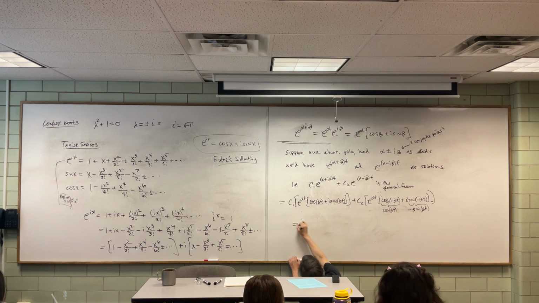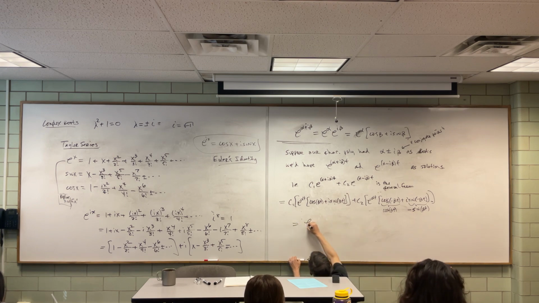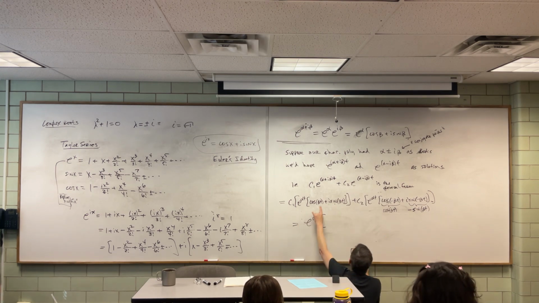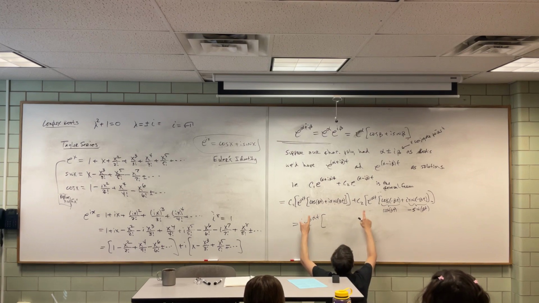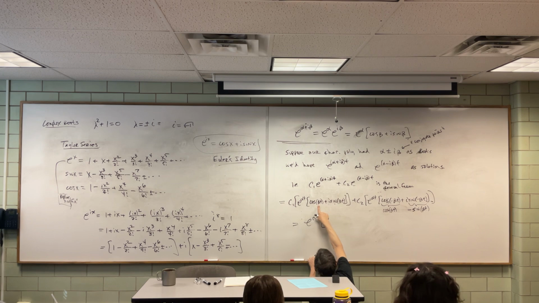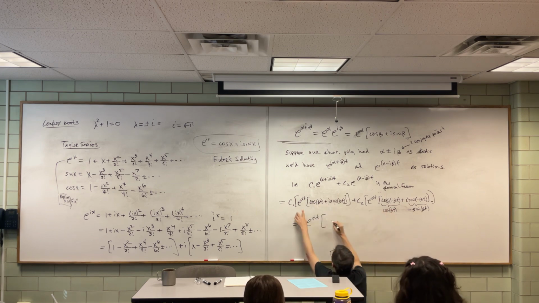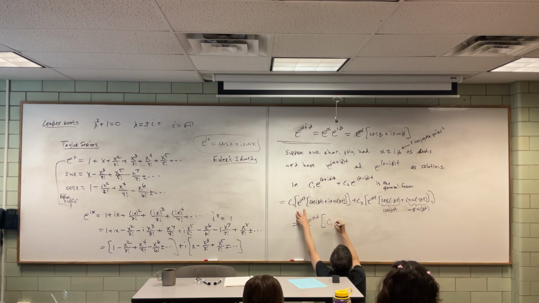First off, notice that every single thing here has an e to the alpha t on it. So that's cool. And then I've got this cosine of beta t here and this cosine of beta t here, and that's going to be c1 plus c2 times cosine of beta t.